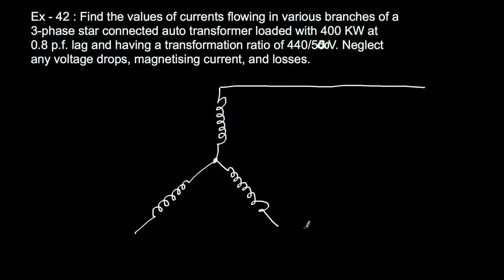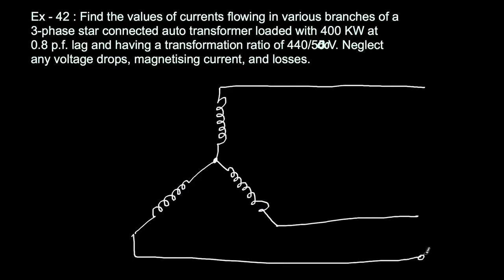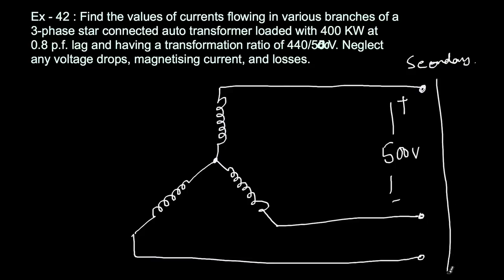Now if I just take it outside like this, these terminals are my secondary terminals, and the line voltage between any of these is actually 500 volts. This is the secondary side, and there is a three-phase load connected here. This load is 400 kilowatts at 0.8 power factor.